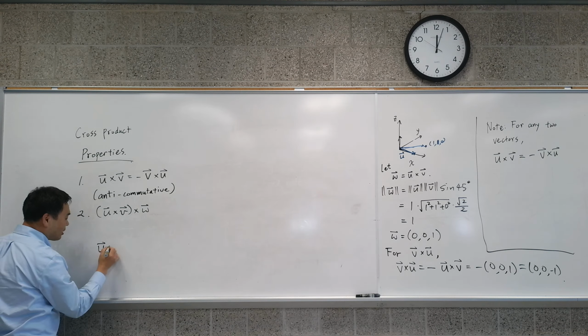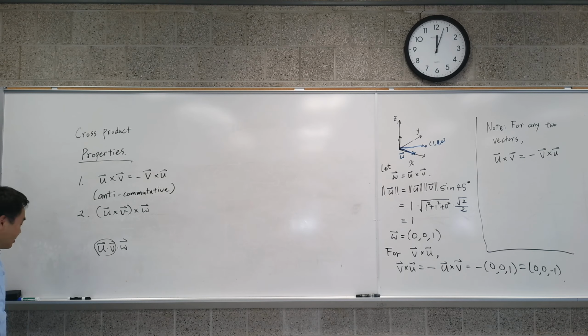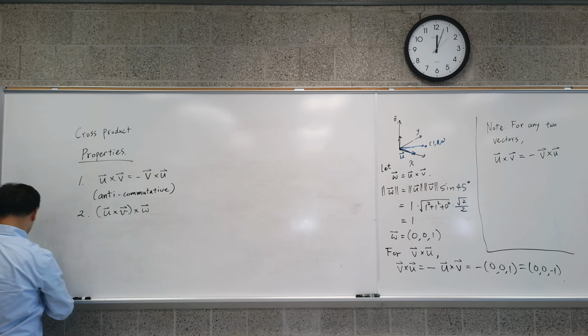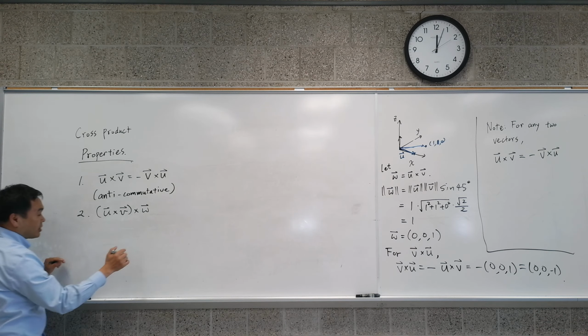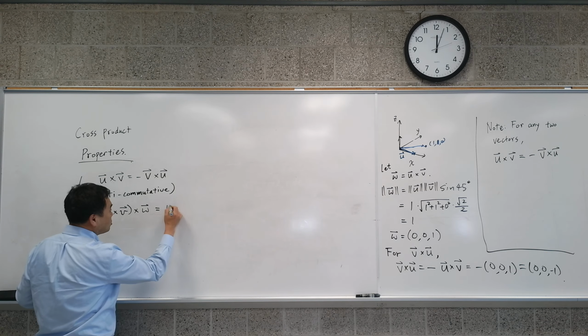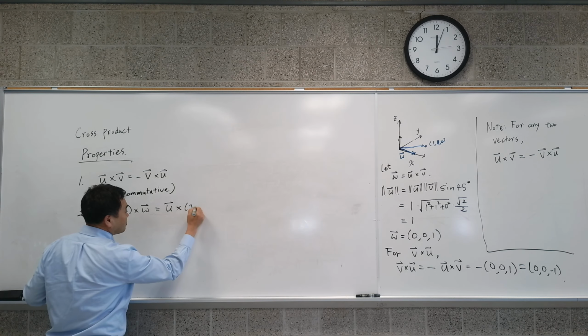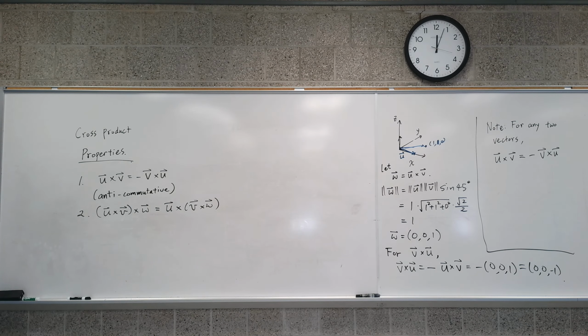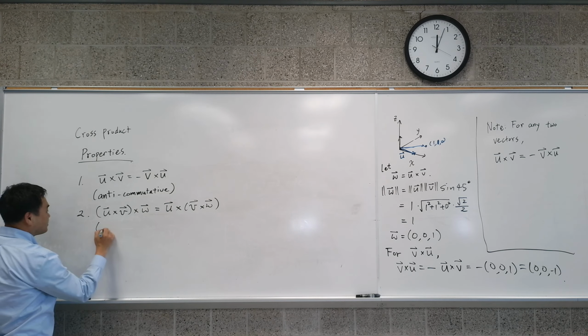This doesn't make sense because u dot v is already a scalar, and you don't have a dot product between a scalar and a vector, right? But here you can do that, and this is the same as u cross v cross w. And that's called associativity.